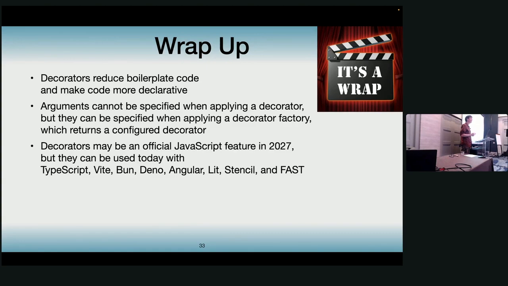And unfortunately, decorators are not currently a part of the official JavaScript standard. Maybe this will happen in 2027, but that doesn't mean you can't use them today, because all of those tools, especially TypeScript, support them now. So you always can compile your code that uses decorators to code that does not, so you can run it today.